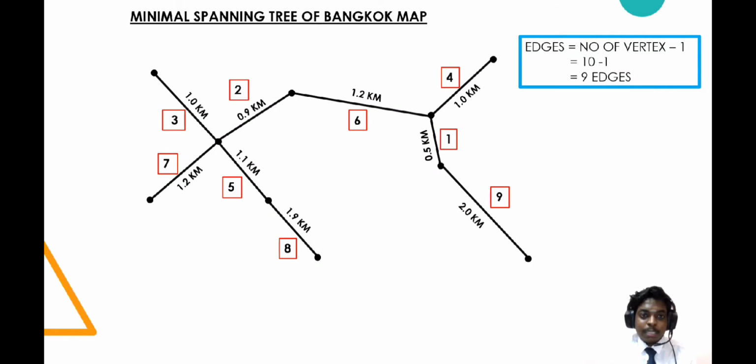These are the minimal spanning tree of the Bangkok map. To identify whether the minimal spanning tree is correct or not, we need to calculate the edges. The formula to find the number of edges is number of vertices minus 1. So in this map we have 10 vertices, minus 1, so we have 9 edges.